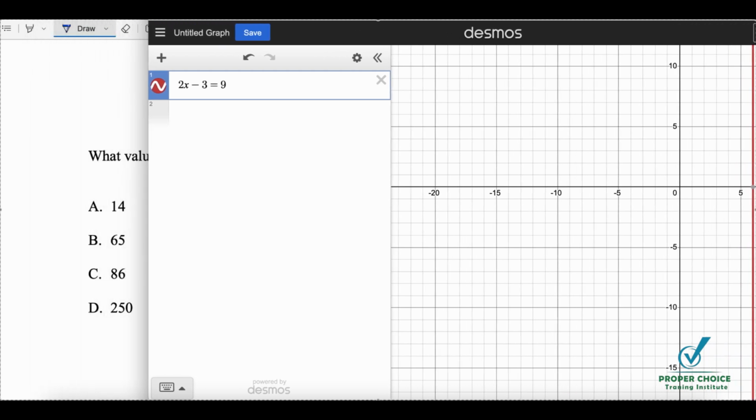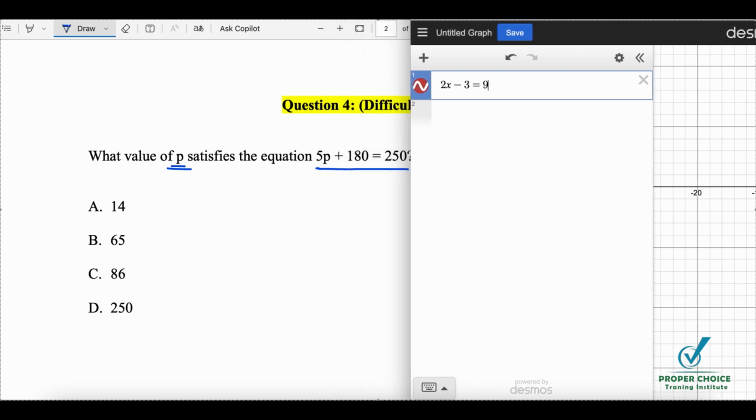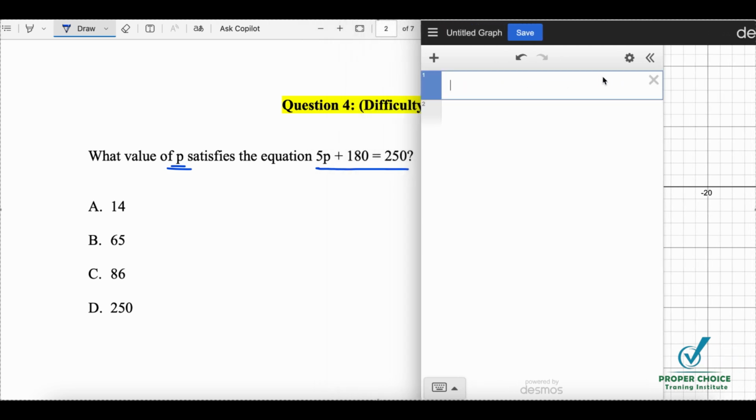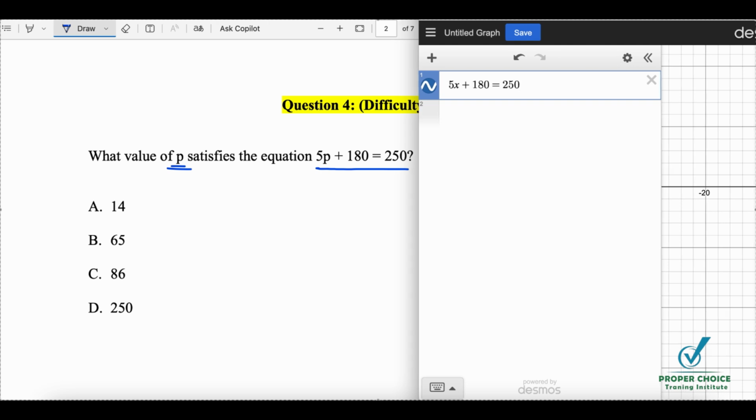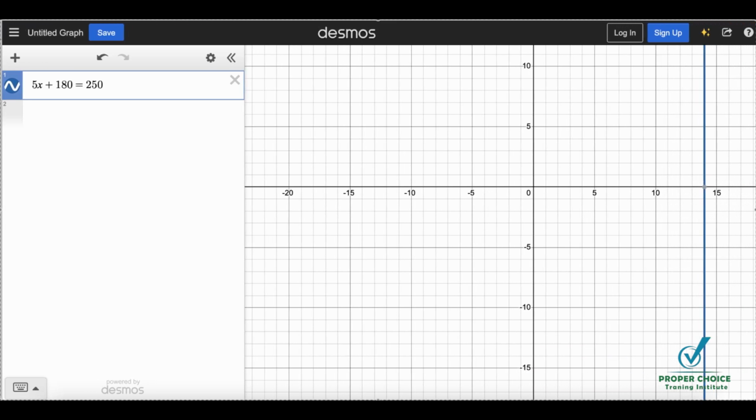So let me type the equation we have: 5x. You can also do 5y, okay? So just take a variable as either x or y. 5x plus 180 is equal to 250. So I have to search for where the graph is crossing the x-axis.